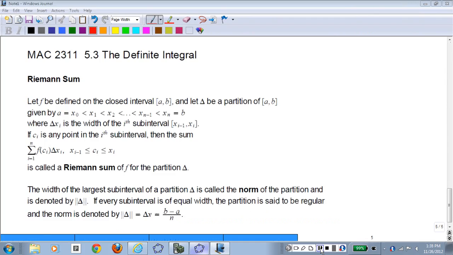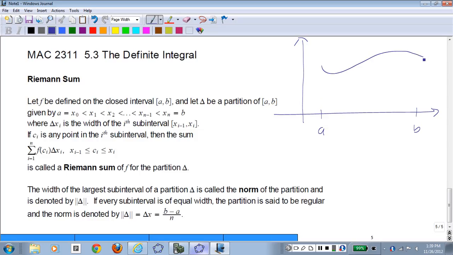All right, I think we are just about back, if not completely back. Section 5.3 generalizes the idea that we've been looking at for calculating the area under a curve into that of a Riemann sum. We're going to relax some things just a little bit. We'll keep with the theme of a closed interval from a to b, and a continuous function defined on that closed interval.